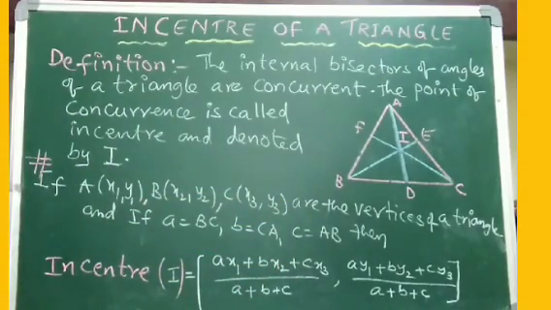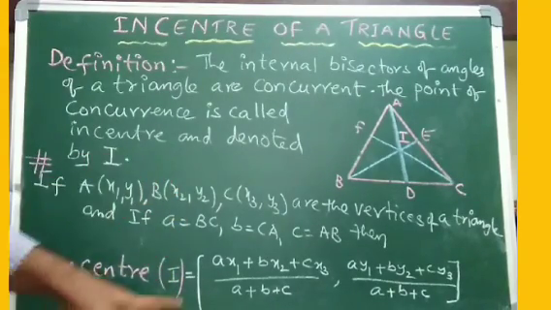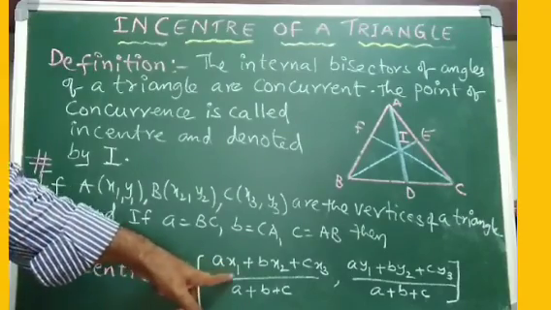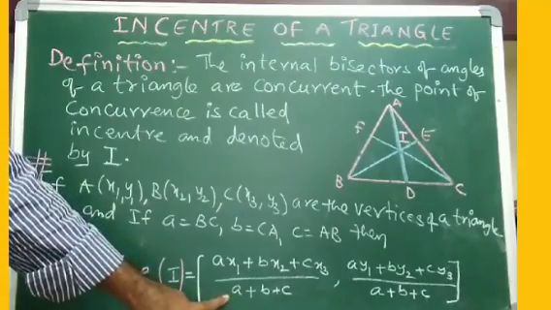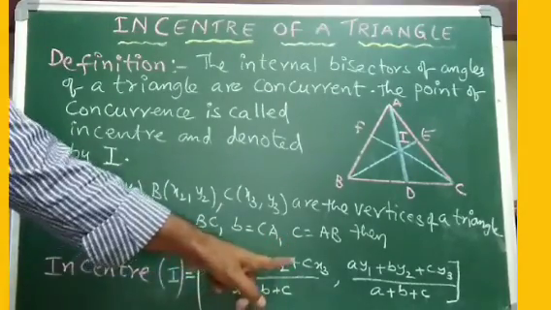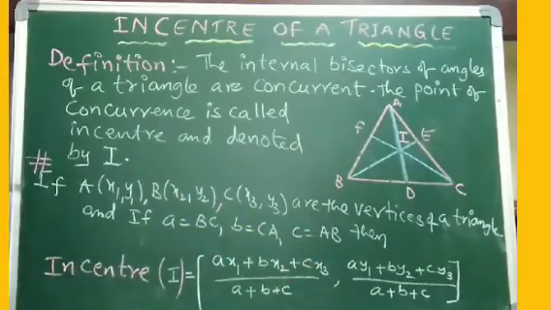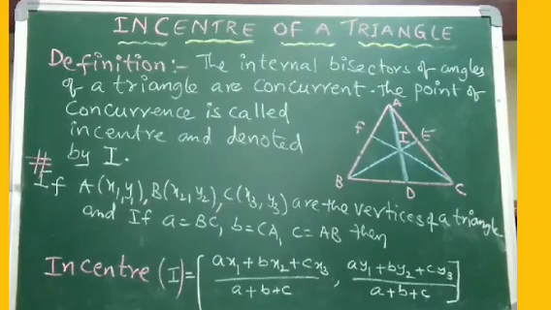So look at this formula, everybody. What is the formula to find the incenter of a triangle when vertices are given? Small letters, my dear: (a x1 + b x2 + c x3) / (a + b + c). This is the x coordinate. Comma, (a y1 + b y2 + c y3) / (a + b + c).